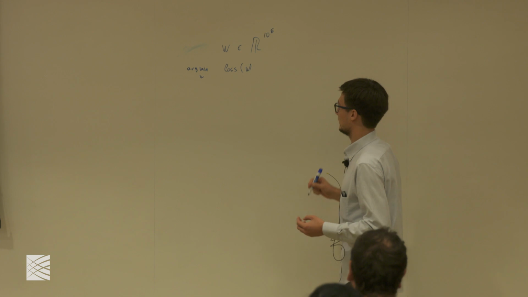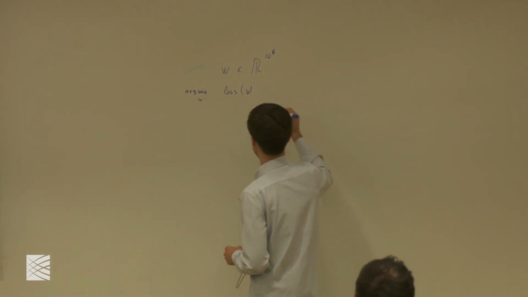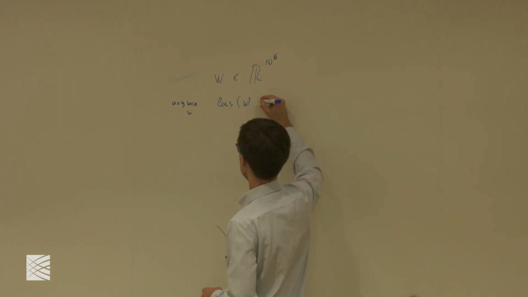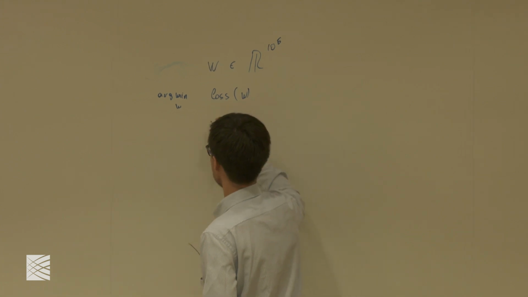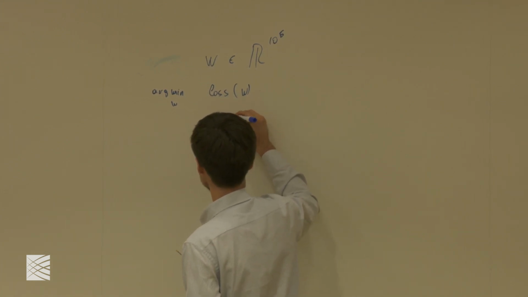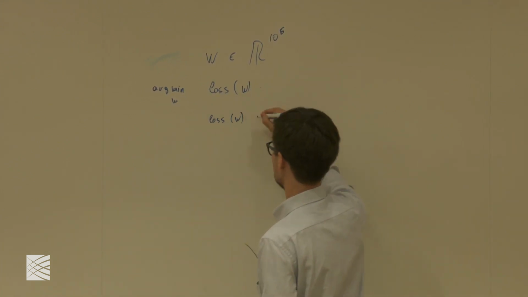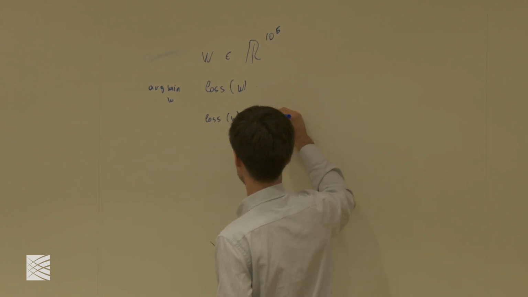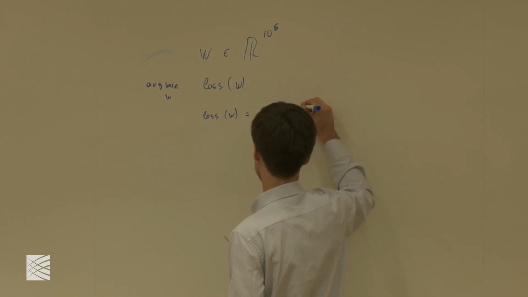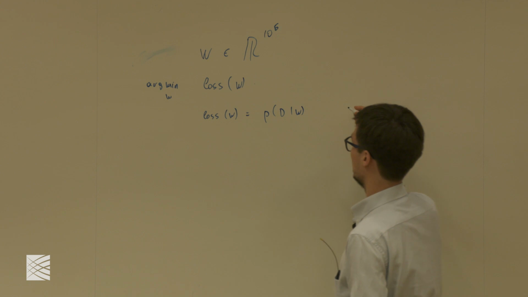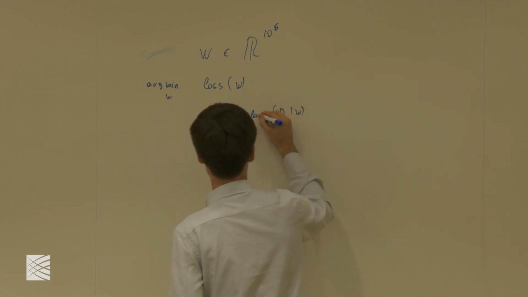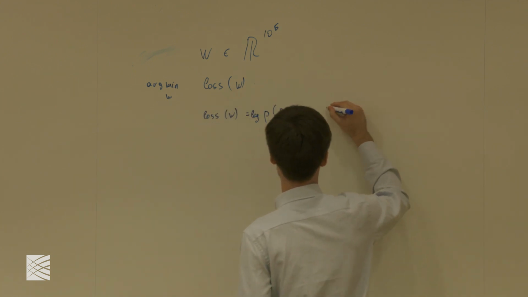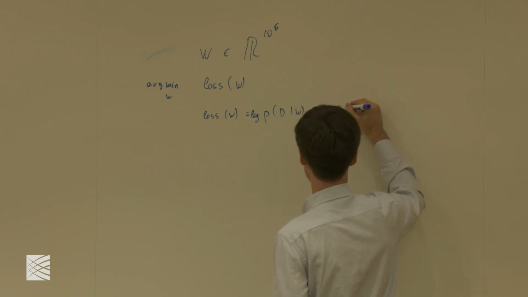of W. And one important thing to mention is that typically the loss is very much related to the posterior density. So the loss is usually the logarithm of the likelihood of the data, P of the data given W, the parameters of the network, plus some regularizer on the weights.